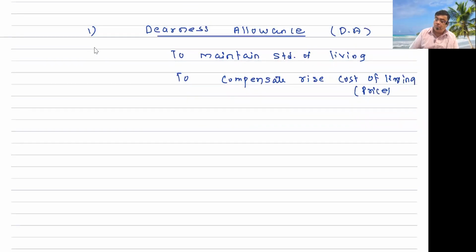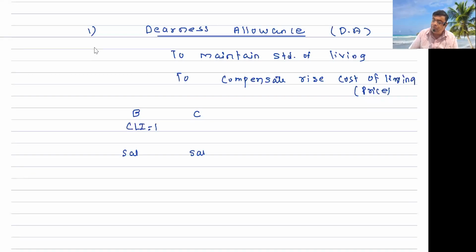Now what do I do? Remember, I first write the base, then I write the current. In base year, you have some salary. In current year, you have some salary. In base year, you have got a CLI.